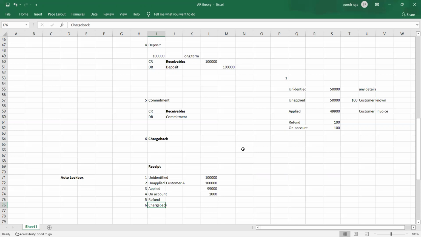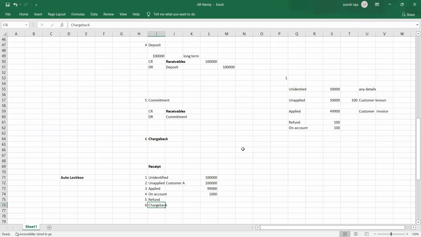So this is June 2022, I am paying 1,20,000. Suppose I am receiving money from the customer. So 1,20,000 is my revenue. In which month? June. June. So you are telling June. Okay.